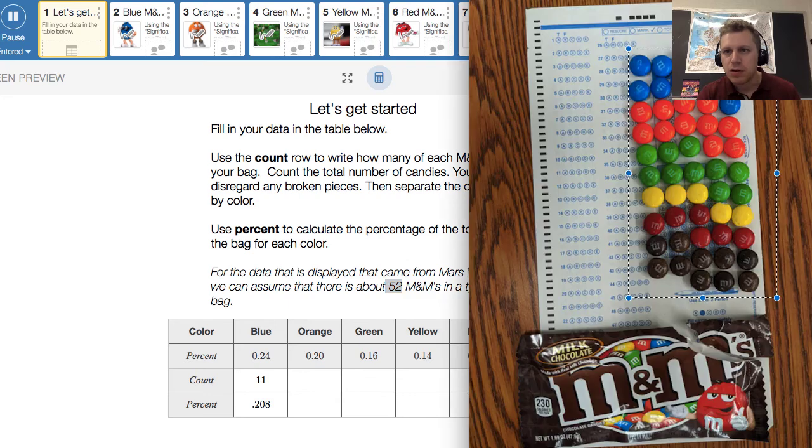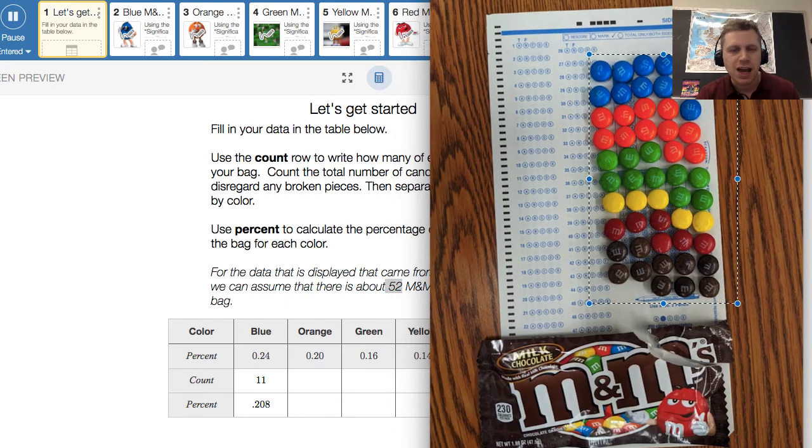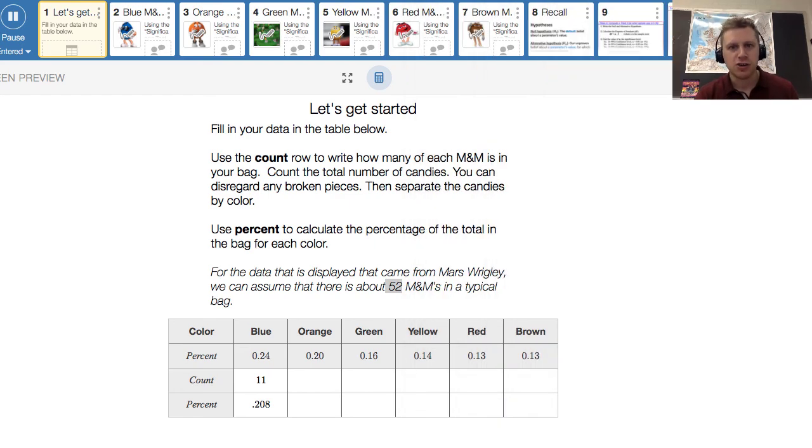In our sample, there's still 53 M&Ms in the bag. So your N values aren't changing, but what's going to change is some of the proportions, your combined proportion. P1 will change because we're talking about a different color, or PW, right? All of these are different, 20%, 16%, and so on. And of course, your sample is going to change unless you happen to get 11 again when you count them up.